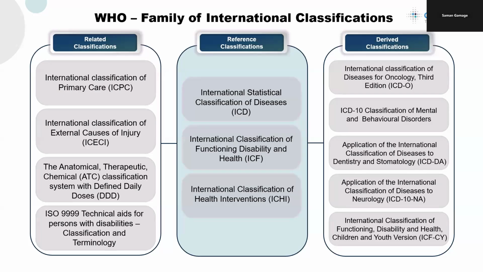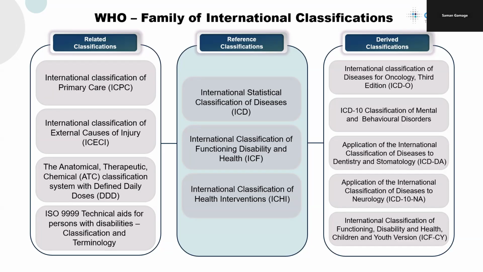This is the family of international classifications during ICD-10. Within this family, there are reference classifications. They're like parents in a family. And then in a family, there are children. The derived classifications are like children.